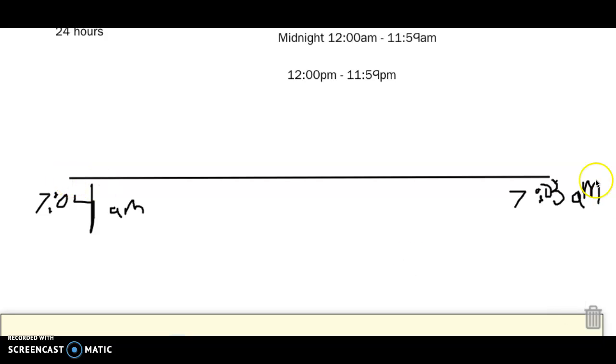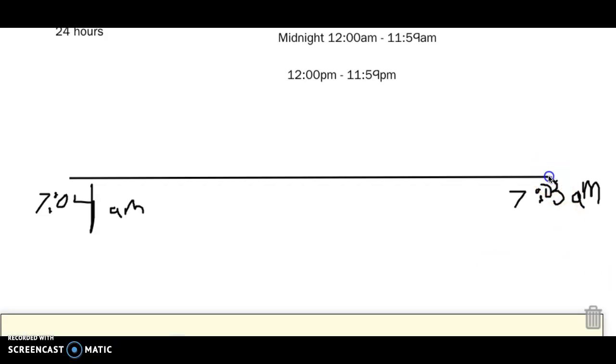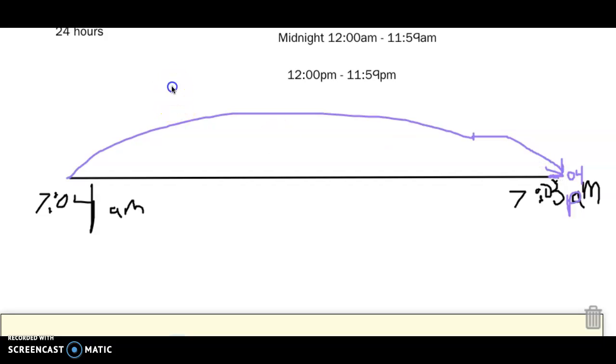We know that if this was 1 more minute, oh my goodness, I did it again. This should be a PM. 1 more minute, we know it would be at 7:04, and I'm going to write in 04. I could take my whole arrow and go all the way to the end of 04, and I could say this was 12 hours.